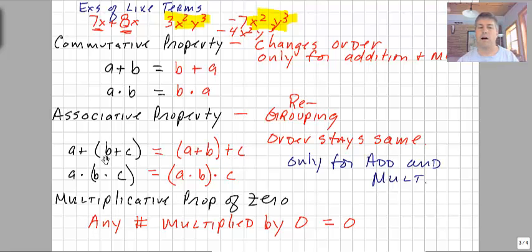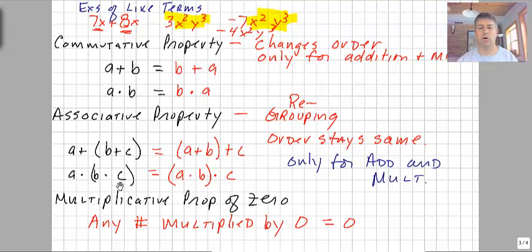But on the left-hand side, I grouped B and C in black, and on the right-hand side, I grouped A and B in red. So we had a different group. B is hanging out with C, and now on the right-hand side, B is hanging out with A. Well, that is regrouping. That's the associative property. And again, this only works for addition and multiplication. It does not work for subtraction.